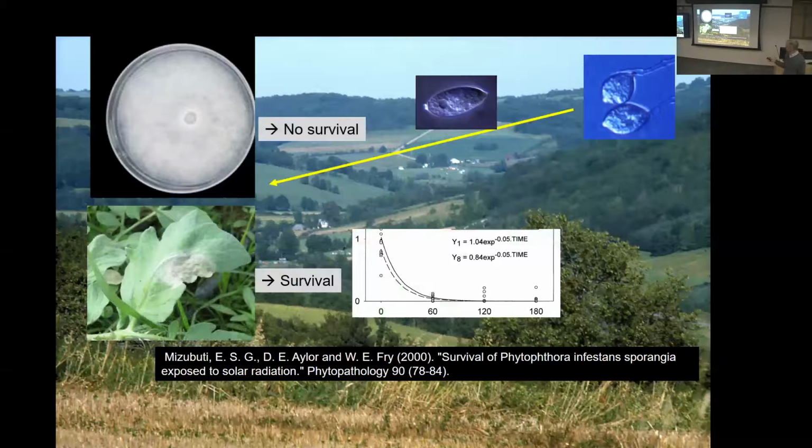So all the rest of his experiments then were done with sporangia that came from a leaflet. So the sporangia from a culture plate are very sensitive to solar radiation. The sporangia from a lesion are much less sensitive to solar radiation. So that's one difference.